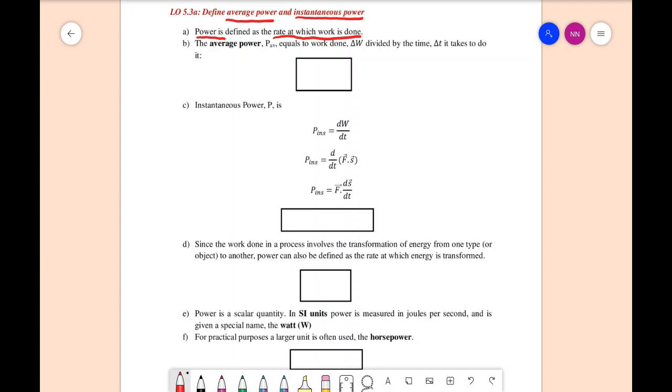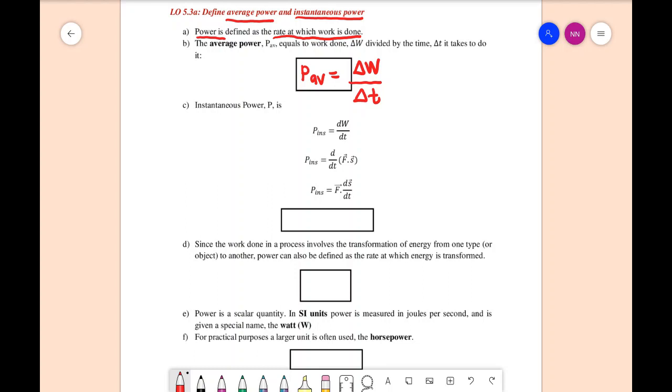The average power is equal to work done, delta W, divided by the time, delta T, it takes to do it. So P average equals delta W, where W is work, over delta T, where T is the time interval.